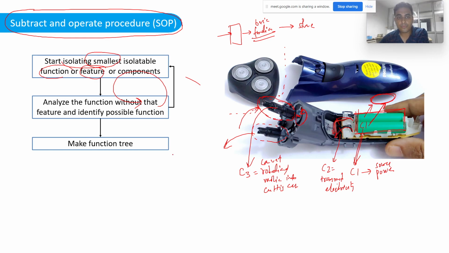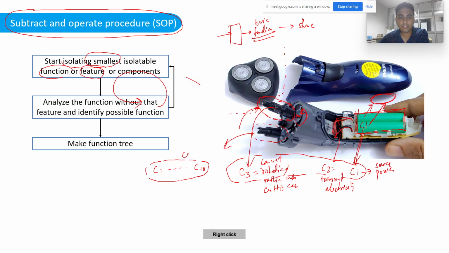Next, we try to understand how many different features or components there are within this product. So probably C1 to C10 are the components. Then we break these components down into functions, like which component is performing which function.